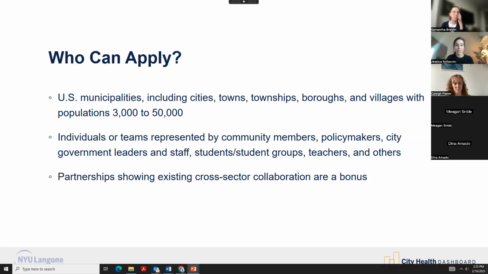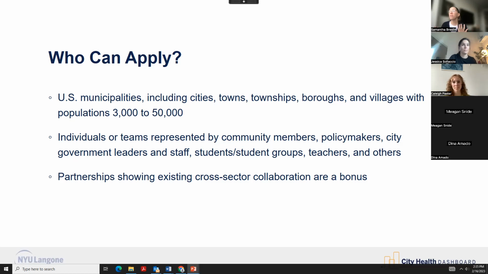We had some communities that I think were 3,300 people, and I think one community that was like 47,000 people. So it really ran the gamut. For us, it doesn't matter if a city is on the smaller end of that scale or the larger end of that scale. We are just looking for strong applications of how the data can be used locally.